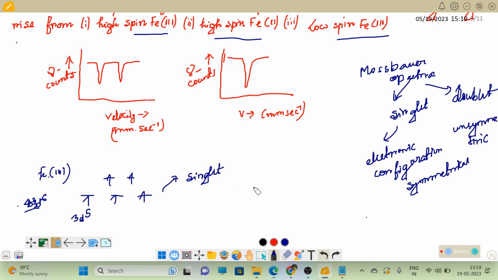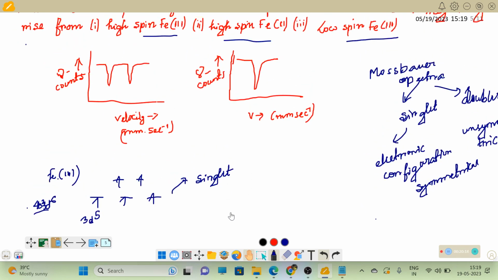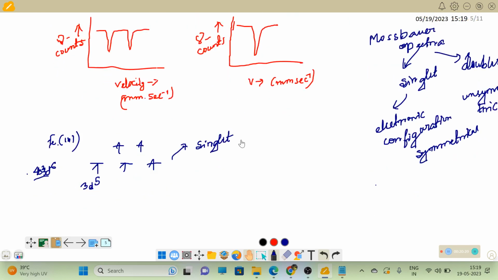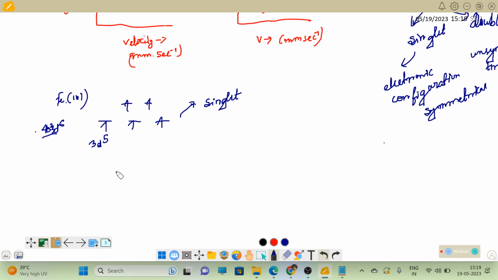So next is high spin Fe2+ and low spin Fe3+. High spin Fe2+ means a d6 system, 3d6, and being high spin, it will be like this.